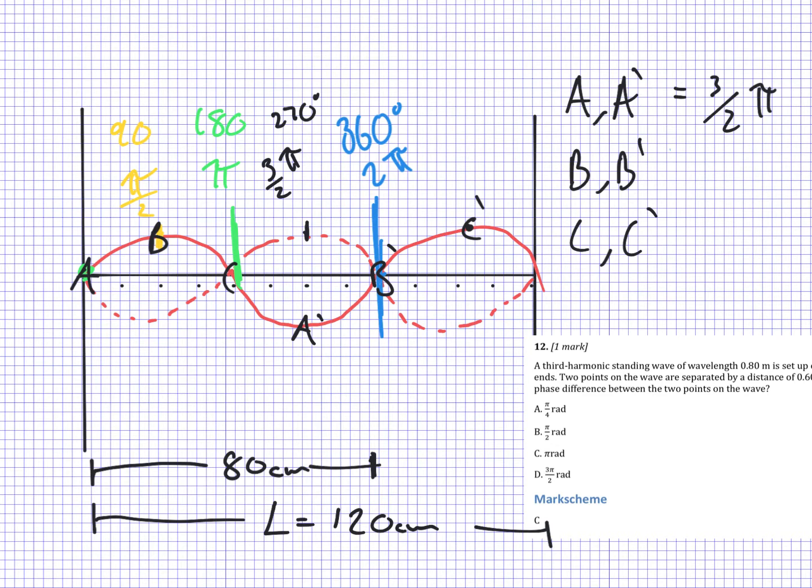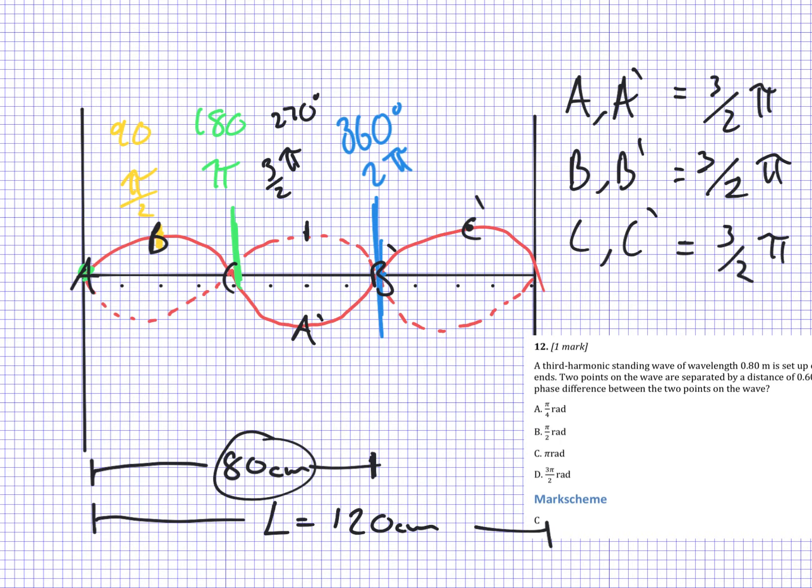That's my difference. So same again, 3/2 pi. And actually, it doesn't matter what you do. If you divide up the length of the wave, which in this case is 80 centimeters, into a scale, whatever it is, and then multiply by the ratio, you're always going to get this 3/2 pi.